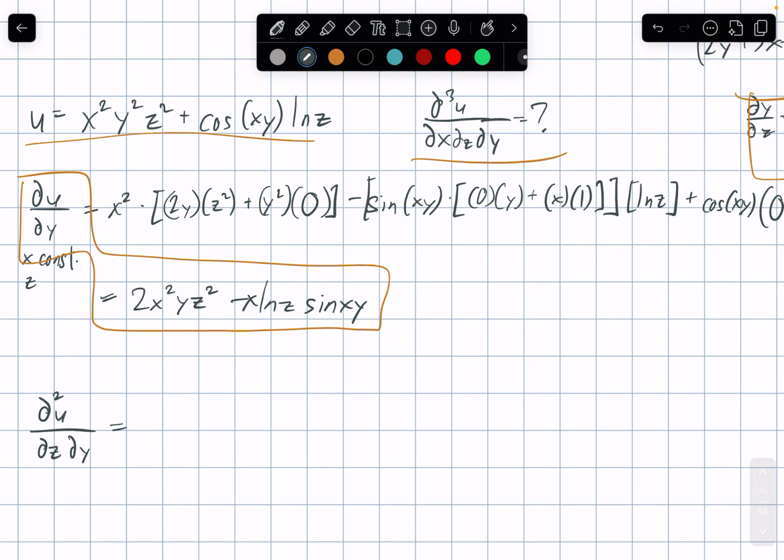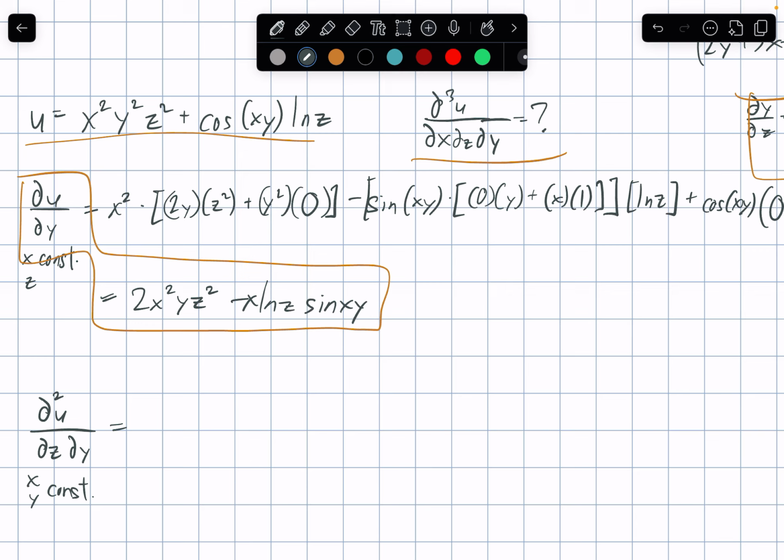So in that case, we come from what is provided as the answer to partial u over partial y. This time, we are going to regard x and y as constants. From your perspective, it is understandable to think that x is still our constant, but why is y a constant this time?